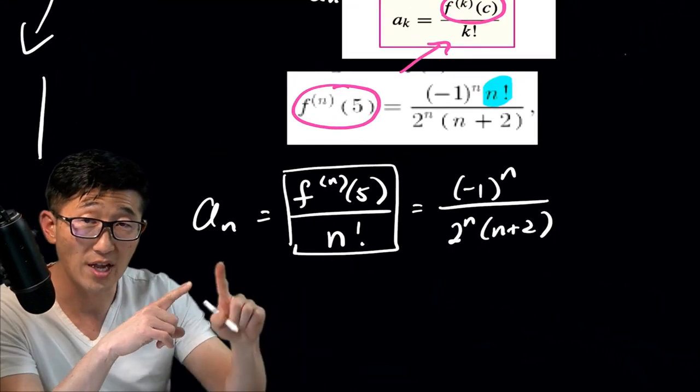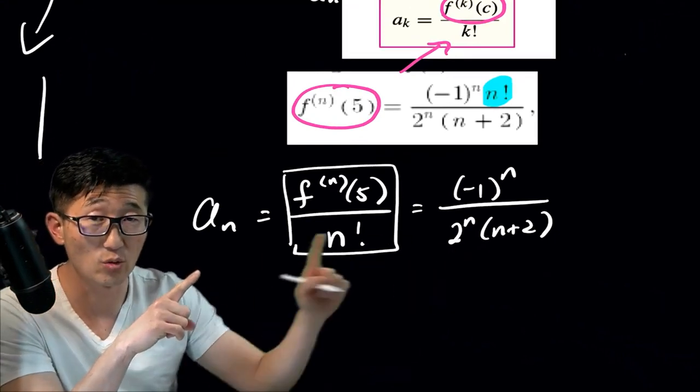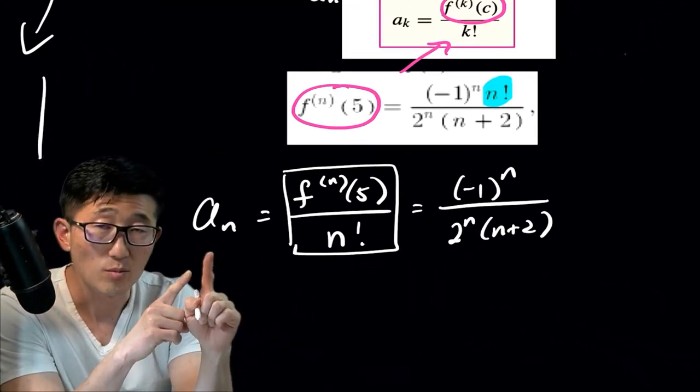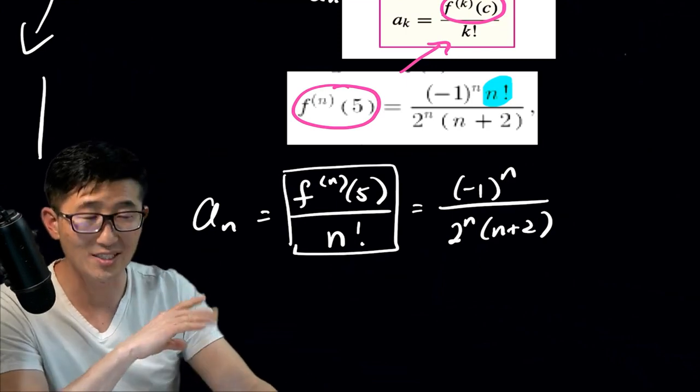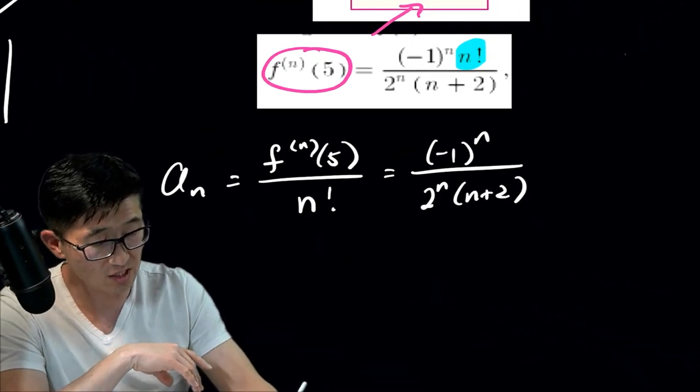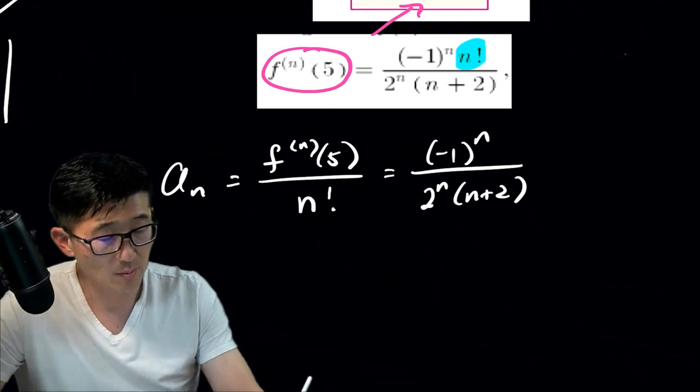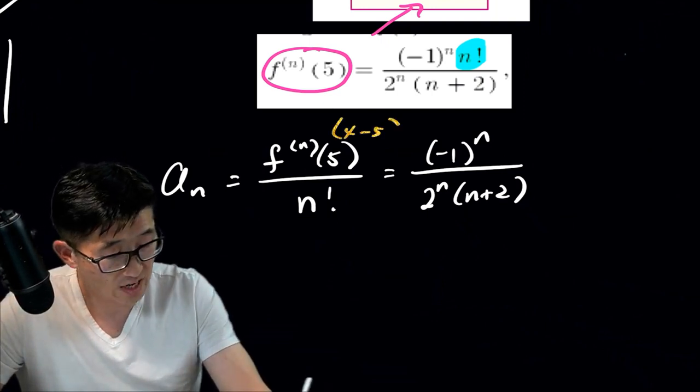So if that's your a_n, but we're still missing something. We forgot to put in the center. How do you put in the center? Easy. Just multiply both sides by (x minus 5).